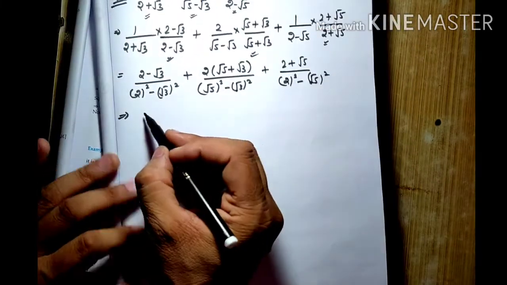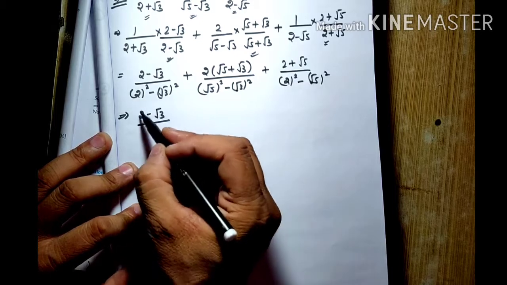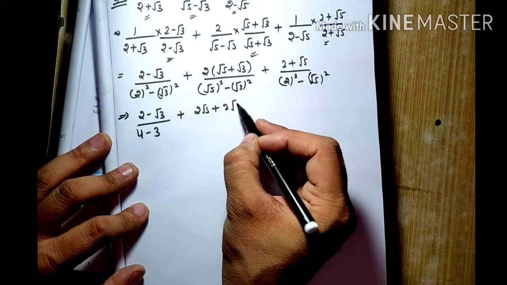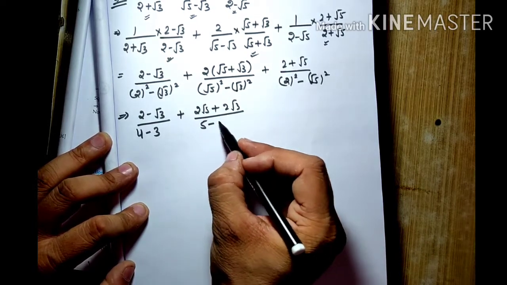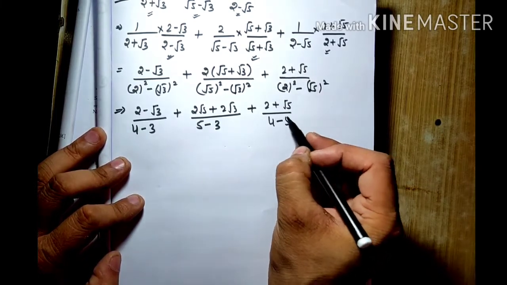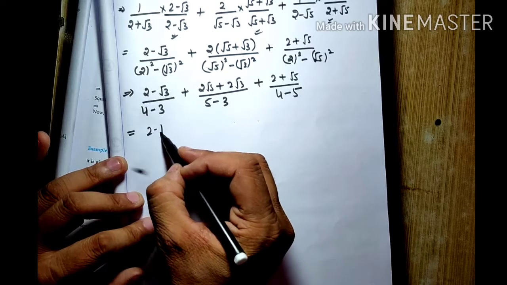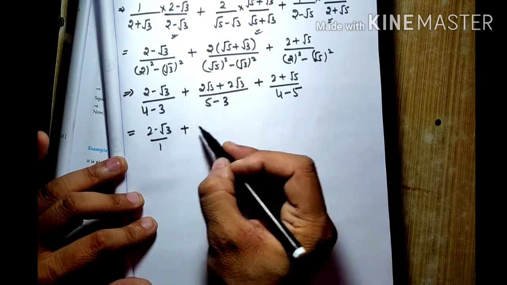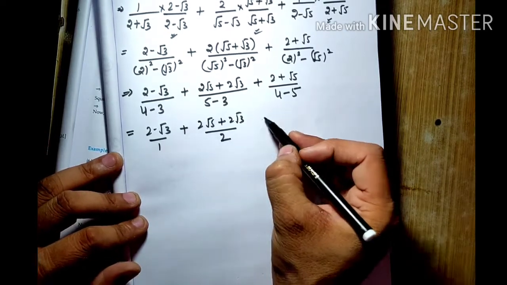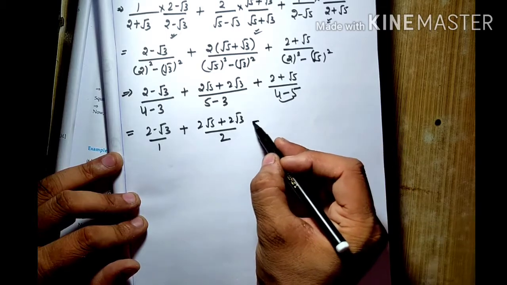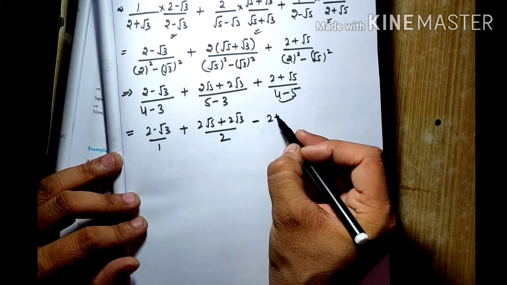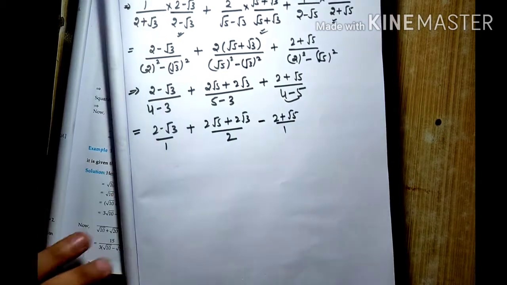Now solve again. 2 minus root 3, 4 minus 3, 2 root 5 plus 2 root 3 upon 5 minus 3, 2 plus root 5, 4 minus 5. 2 minus root 3 by 1, 2 root 5 plus 2 root 3 by 2, and here 4 minus 1 will be minus 2 plus root 5 upon 1.